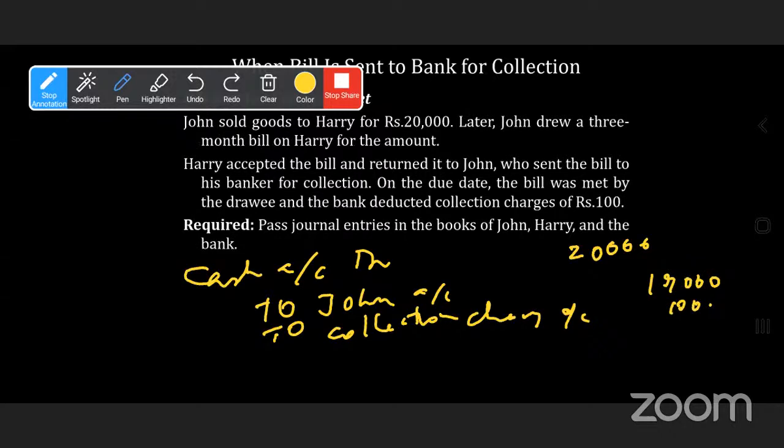Being bill collected on behalf of John and collection fee earned.